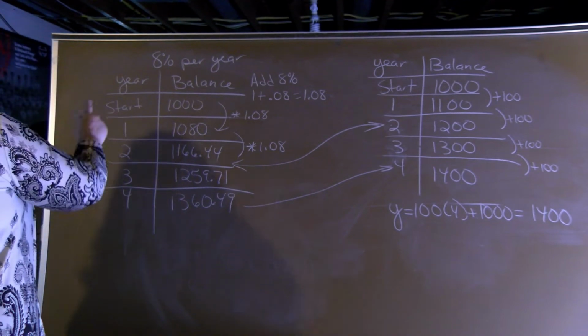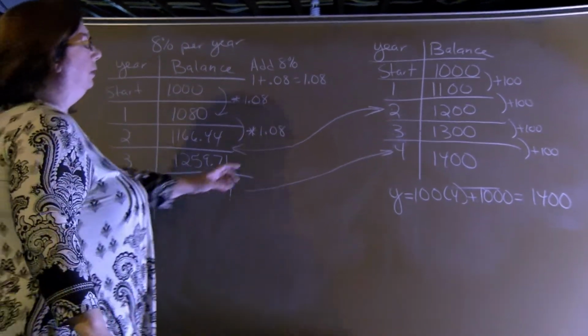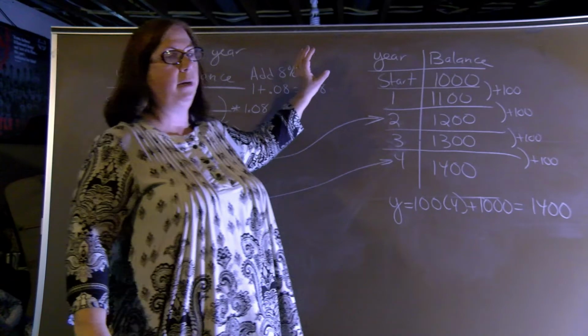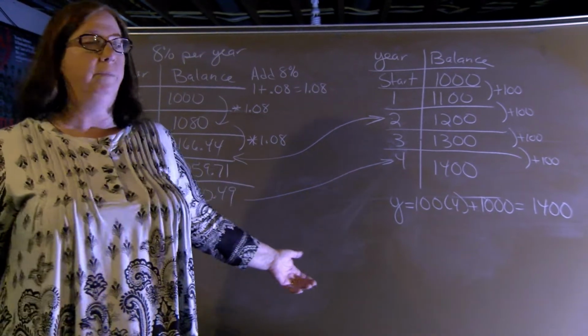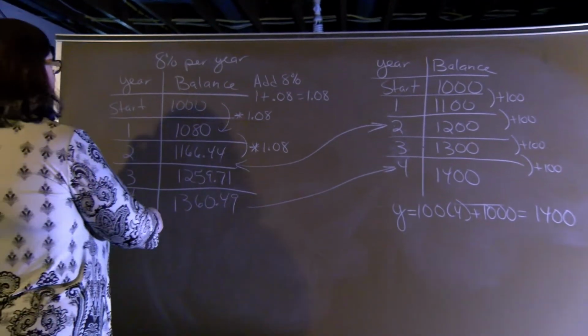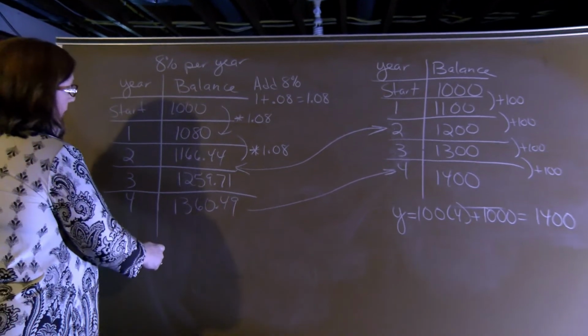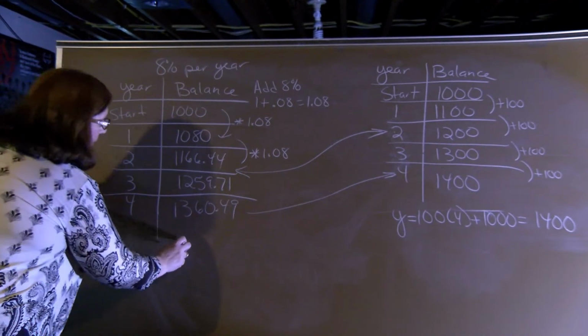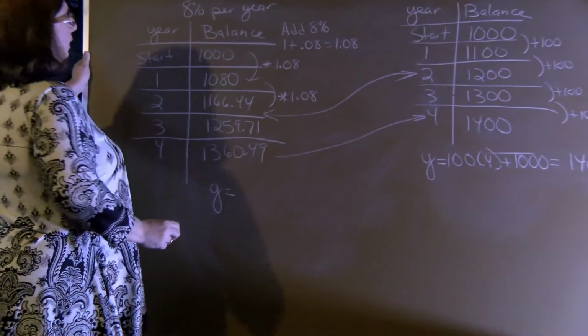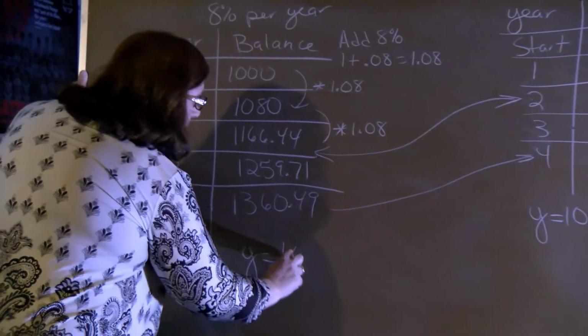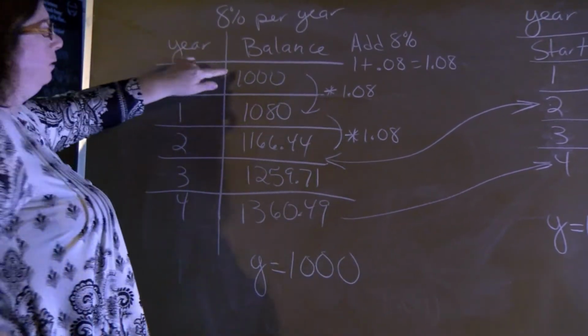Okay, write the equation for this. So I know like we did this one. Now, this is growing by 8%, so each time it was different. But if we write the equation, remember it's initial amount, and our initial amount was the $1,000, because that's what we started with.